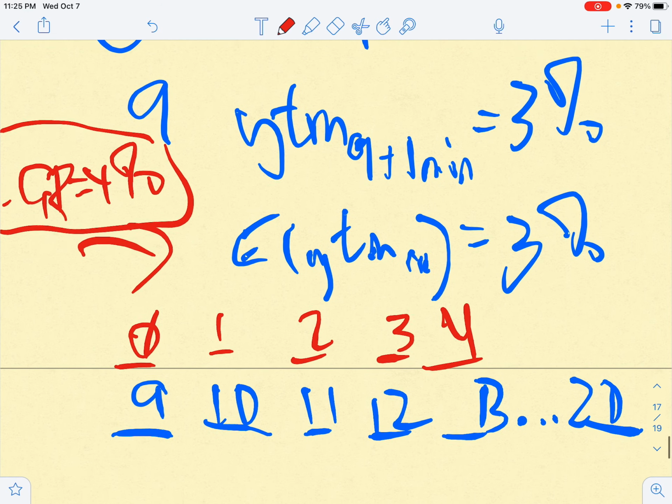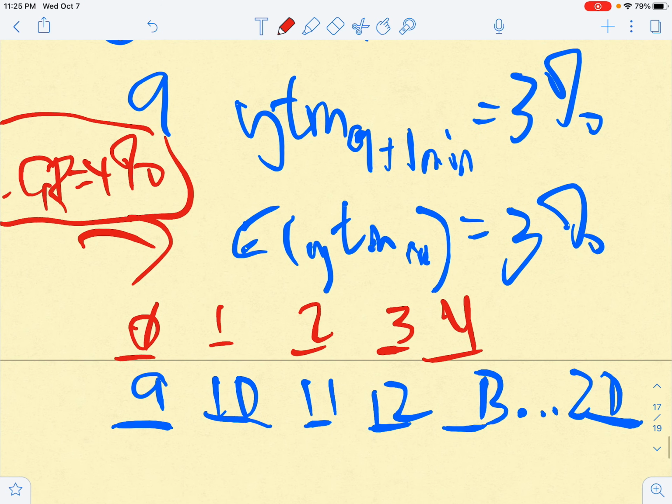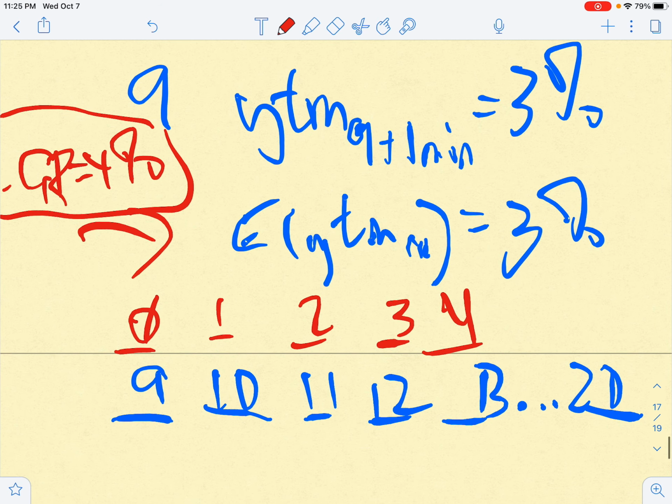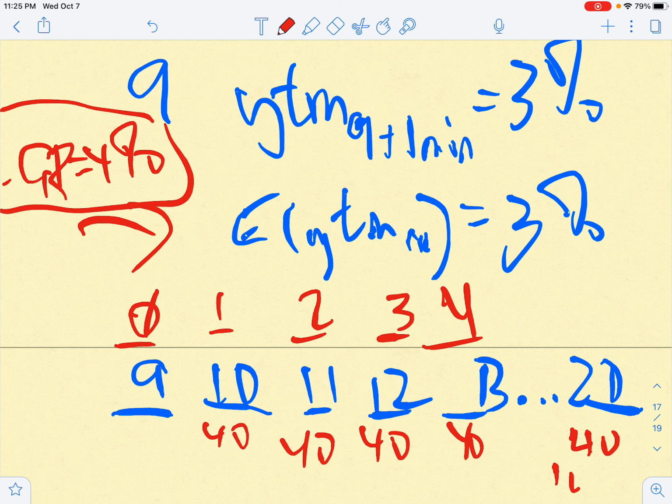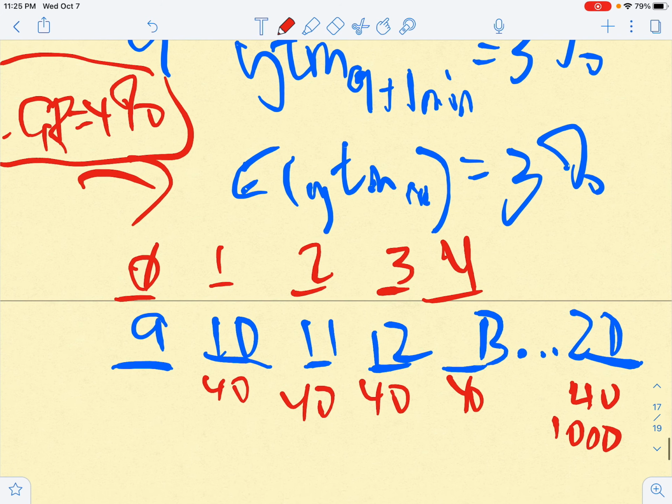Now, the coupon rate's not going to change, but what we're showing here is that the price of the bond at date 9 is not going to be the present value of 40 at date 10, 11, 12, 13, all the way out to 40 plus 1,000 at date 20. That's not going to be what it is, okay?